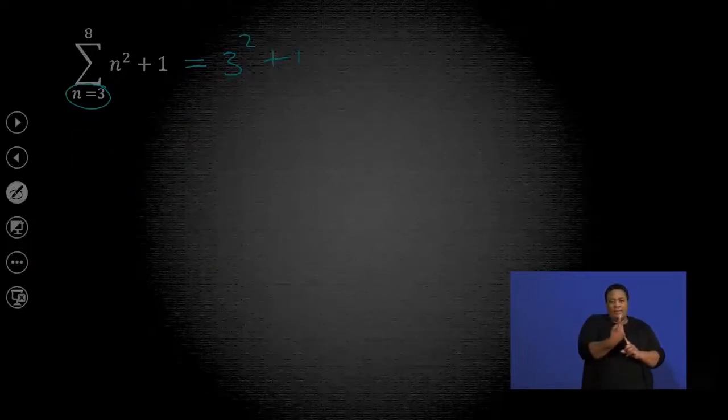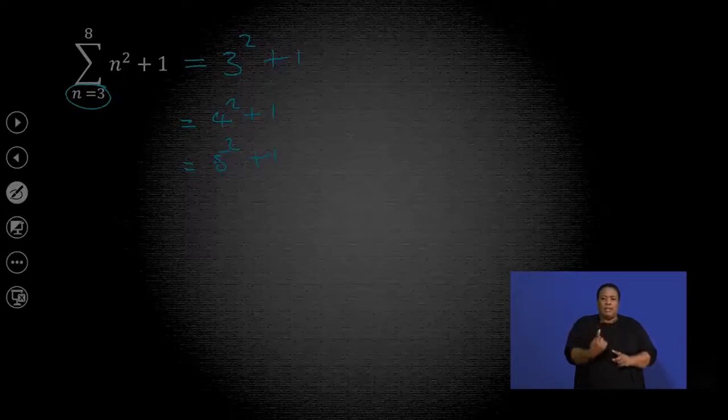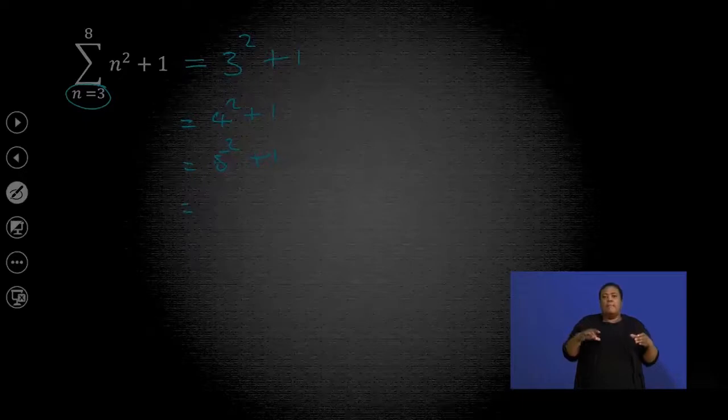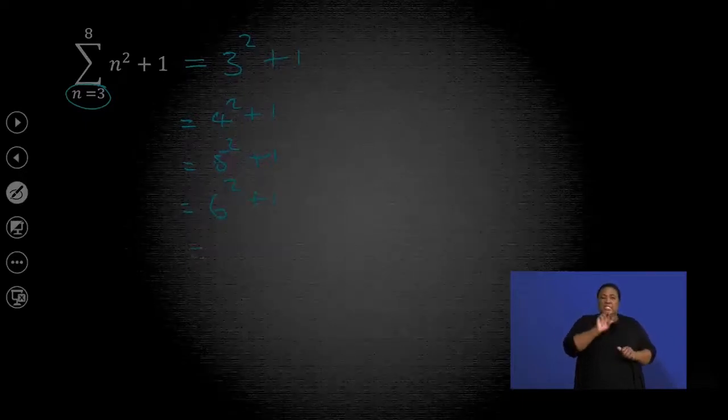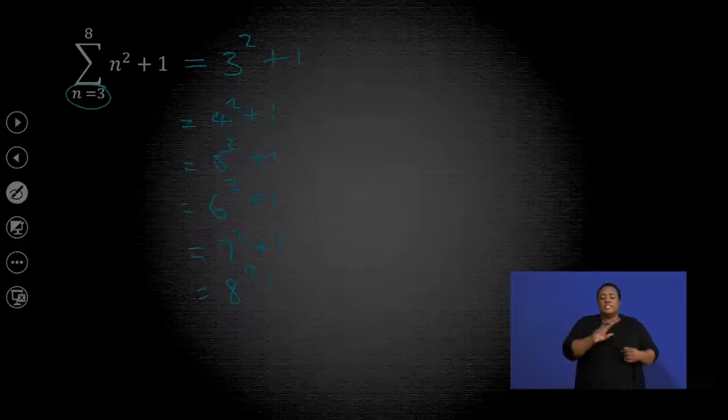Then the second term will be 4 squared plus 1. The third term will be 5 squared plus 1. I'm just stating them, or expanding them, going down so that there's enough space. And then the following one will be 6 squared plus 1, and then 7 squared plus 1, and then lastly, 8 squared plus 1.